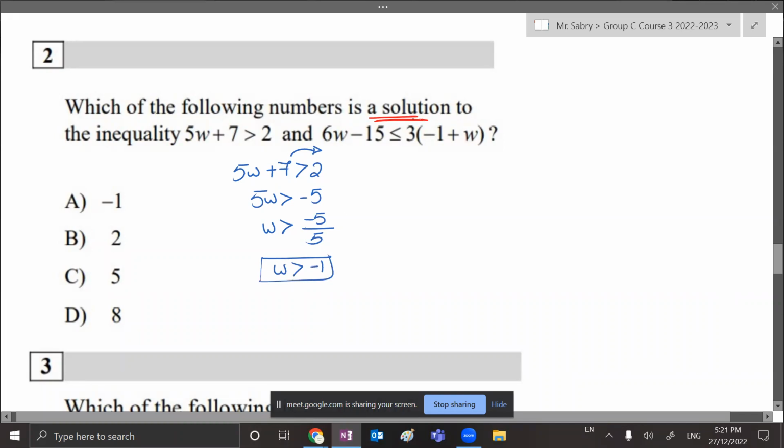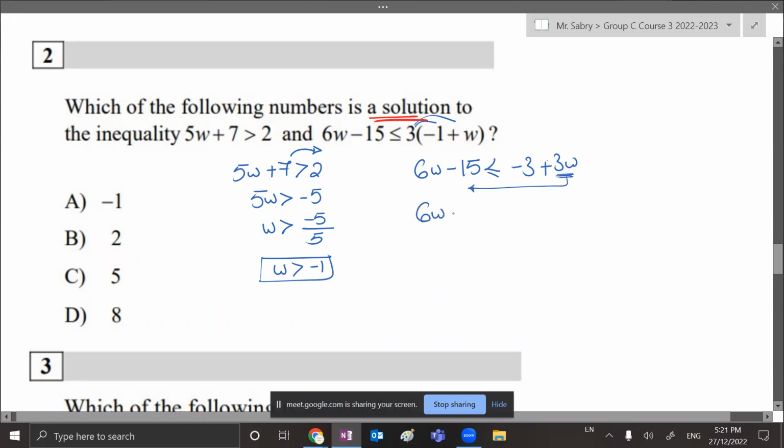On the other side, I'll start solving this one where I leave the 6w minus 15 for now as it is, and I'll distribute this 3 on the bracket. So I'll have the negative 3 plus 3w right there. I will then move the smaller coefficient to the bigger one.